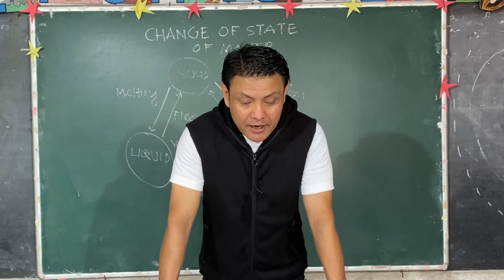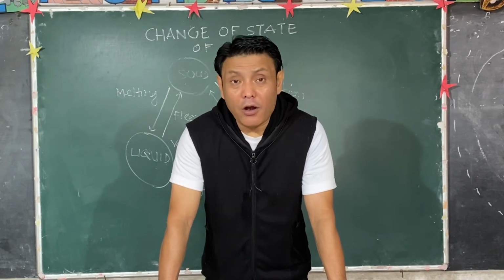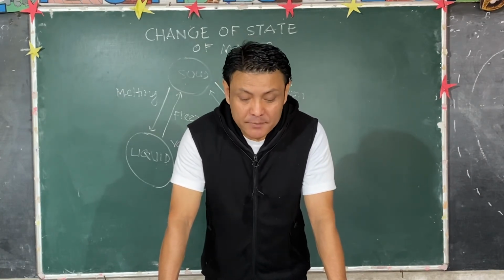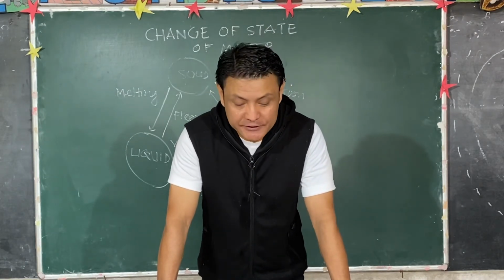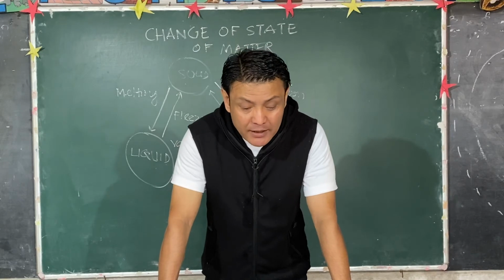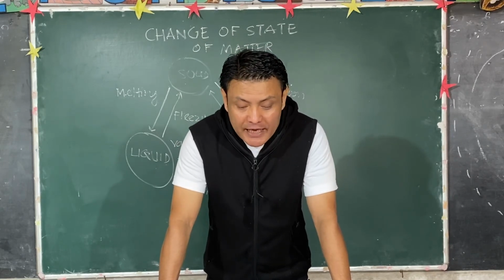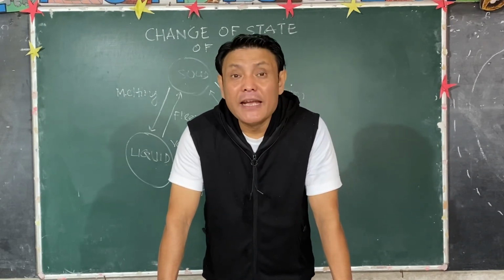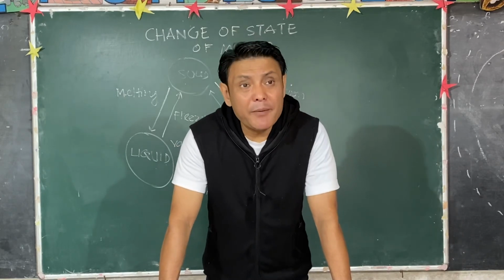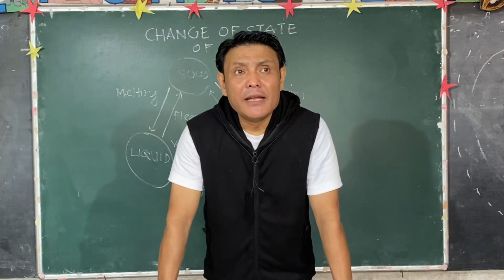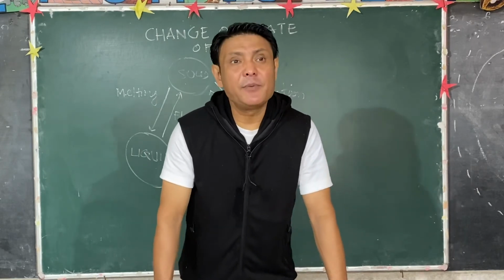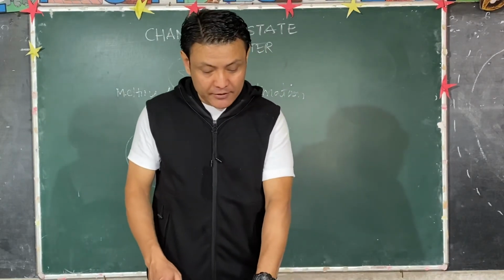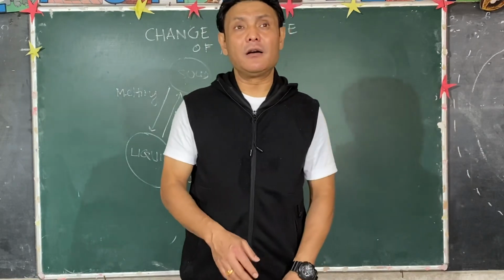Number two, one or more new substances are formed with totally different properties. And the last one, chemical change involves an exchange of energy in the form of heat as well as light. So when we talk about heat given off during a change, there are two types of change. Let me tell you, even though it's not there in the book, we will talk about chemical changes.